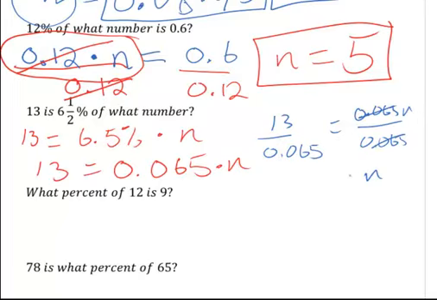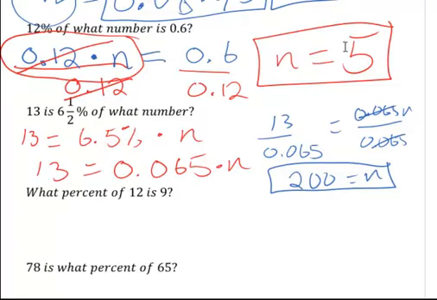Those will cancel. If I take my calculator and divide 13 by 0.065, I'm coming up with 200. All right, so again, in these problems I'm trying to get my letter n by itself.